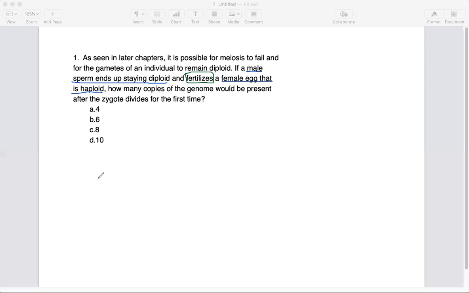So generally, and let me make this a little bigger, we have our sperm. If this is the sperm head, it has its tail. The nucleus is 2N, like we said in the question.